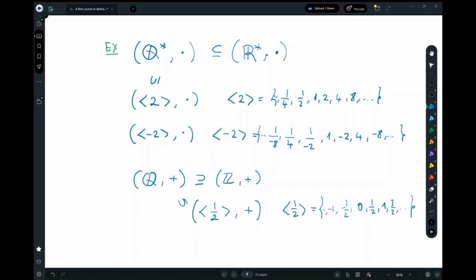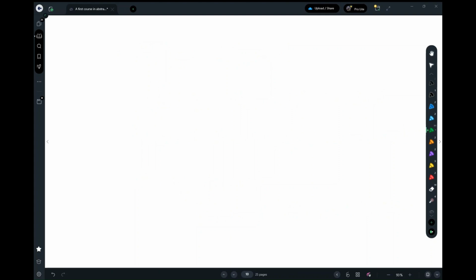Okay. Let me give you now some cyclic groups in modular arithmetic. Let's consider Z modulo 9, but I'm going to consider it multiplicatively.